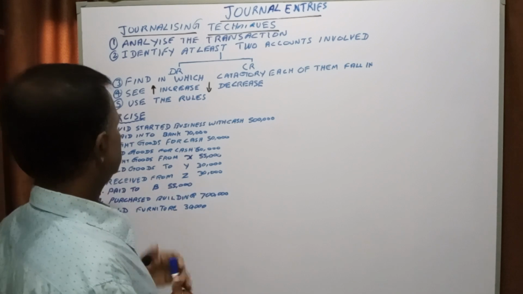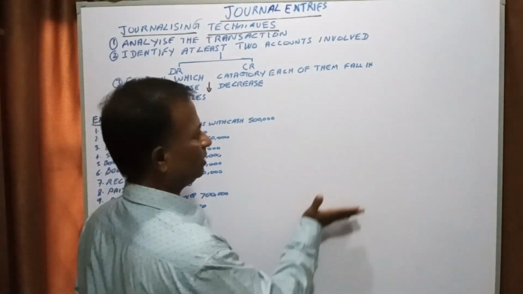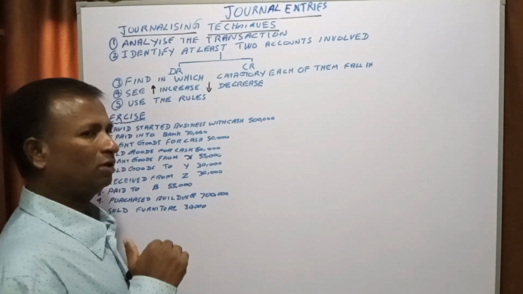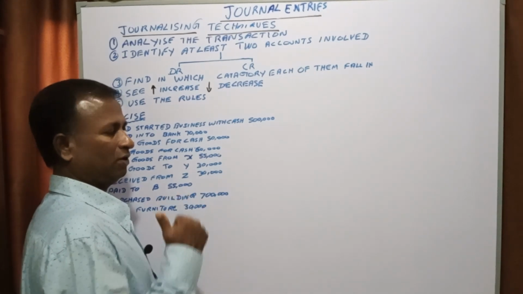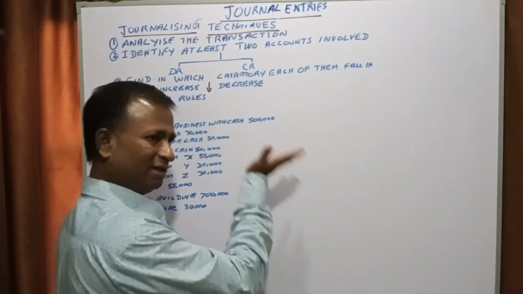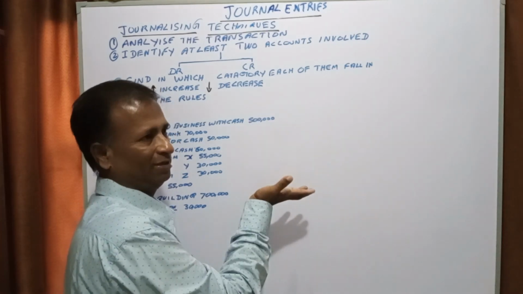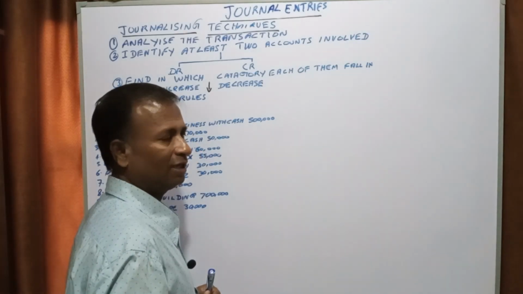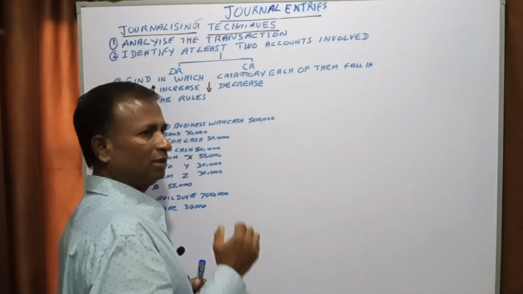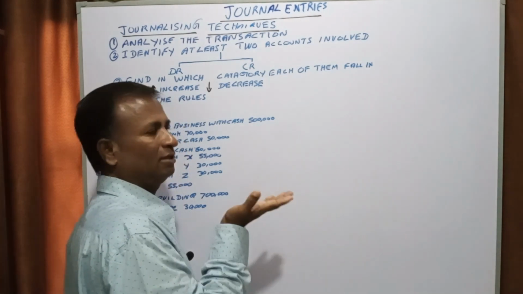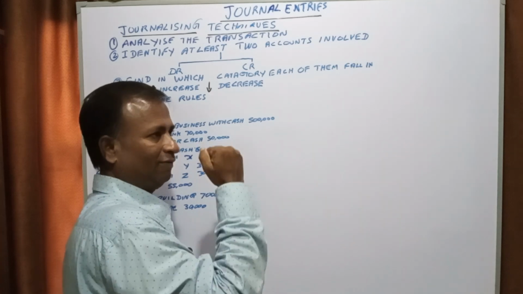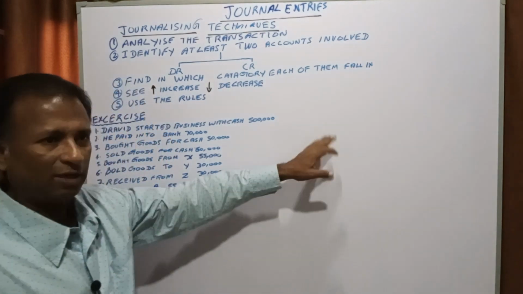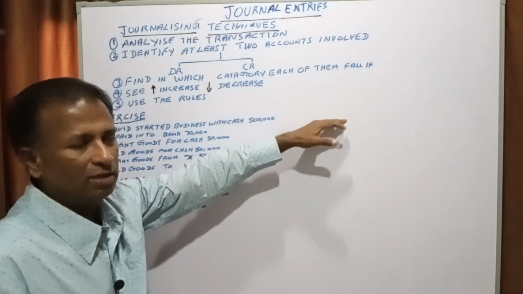Fourth step is to see increase and decrease, whether it has an effect of increase or decrease in such accounts. If the asset is increasing, you have to debit it. If the asset is decreasing, you have to credit it. Like that, in the equity, when the equity is increasing, you have to credit it. When the equity is decreasing, you have to debit it. For the revenue, always revenue is a credit balance.